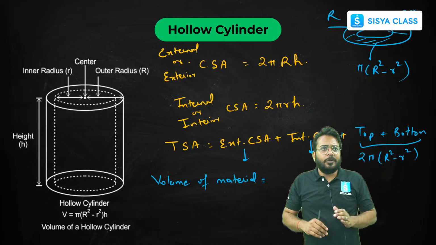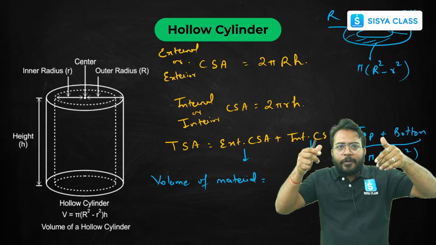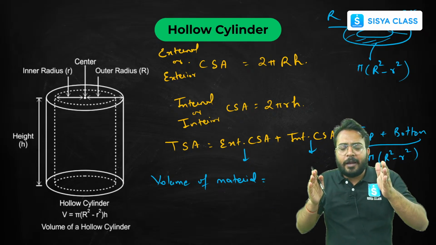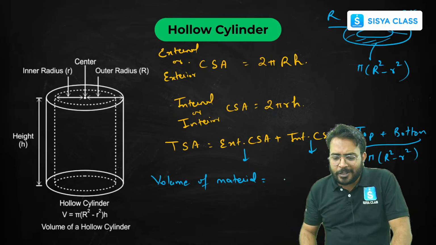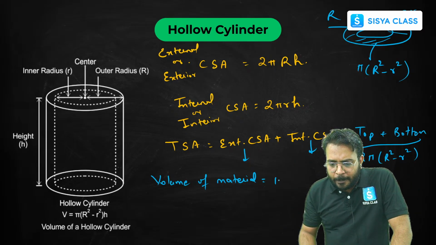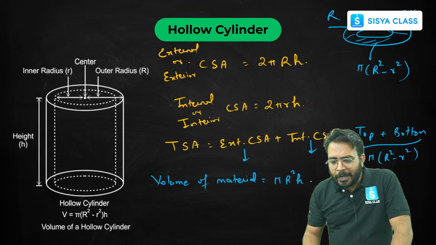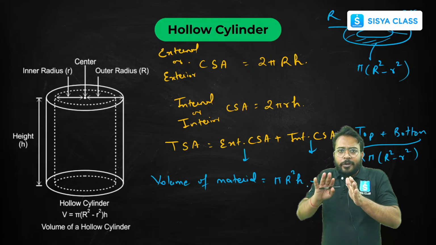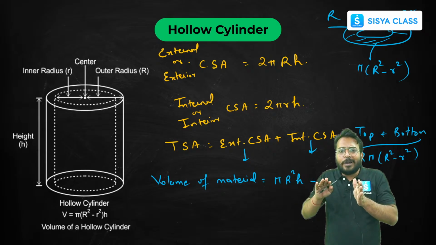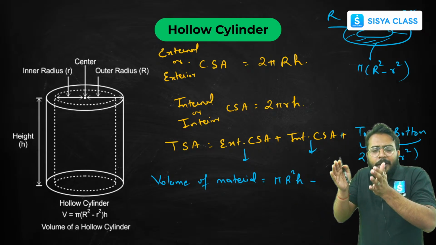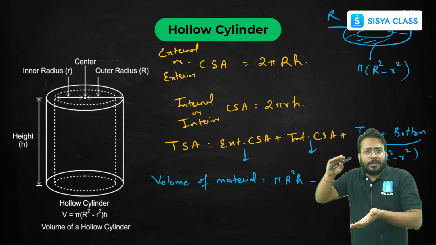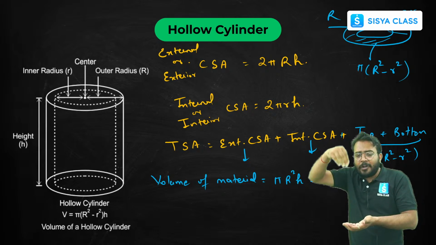We know that if I use my exterior radius, the volume is going to be πR²h, minus, I need to exclude the volume of my inner hollow, because we are having a hollow cylinder now.